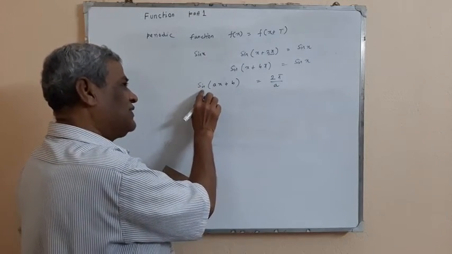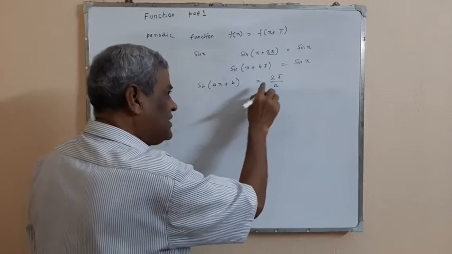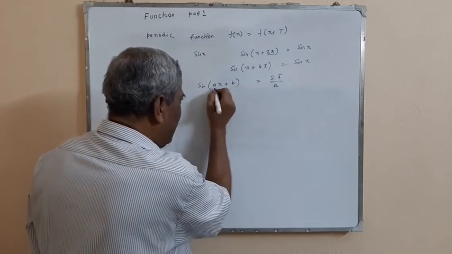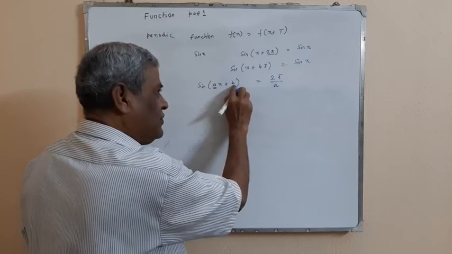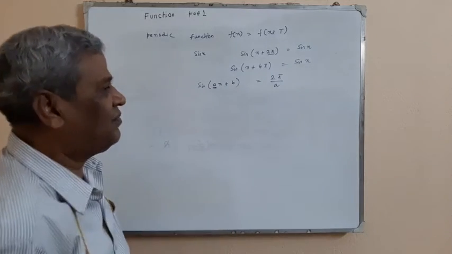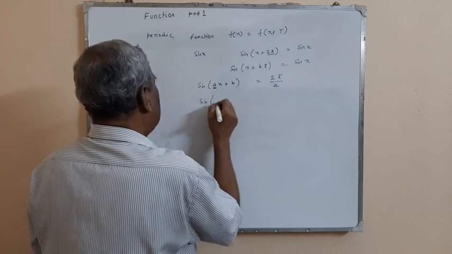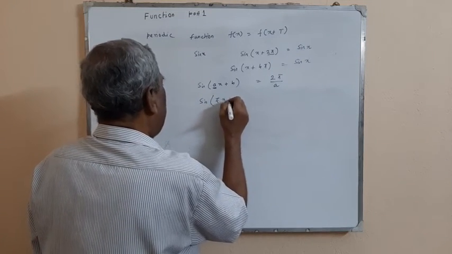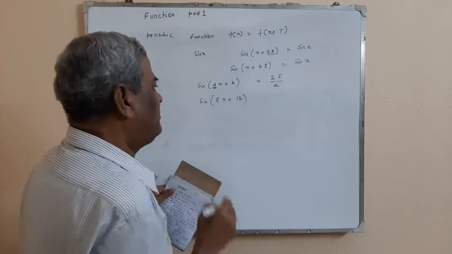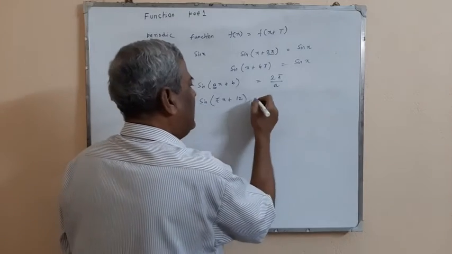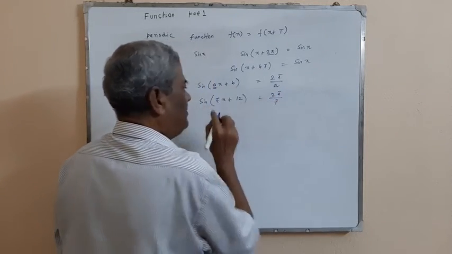Because sine function is periodic of period 2π, its period will be 2π divided by the coefficient of x. It is independent of that constant. Like say sin(7x + 12). It is a periodic function because sine function is periodic. Its period is 2π/7.